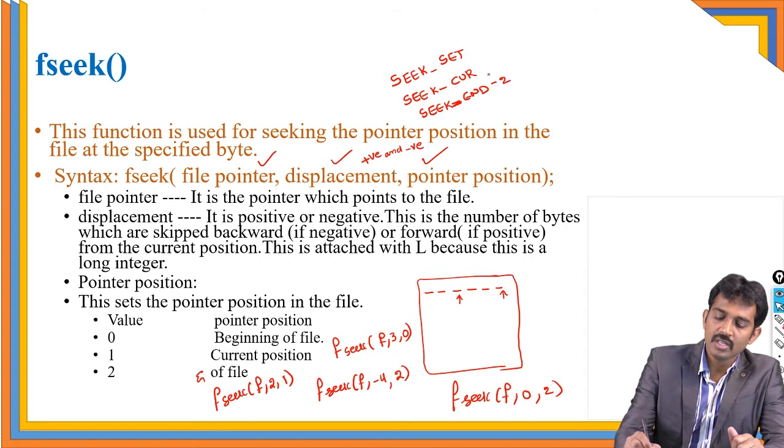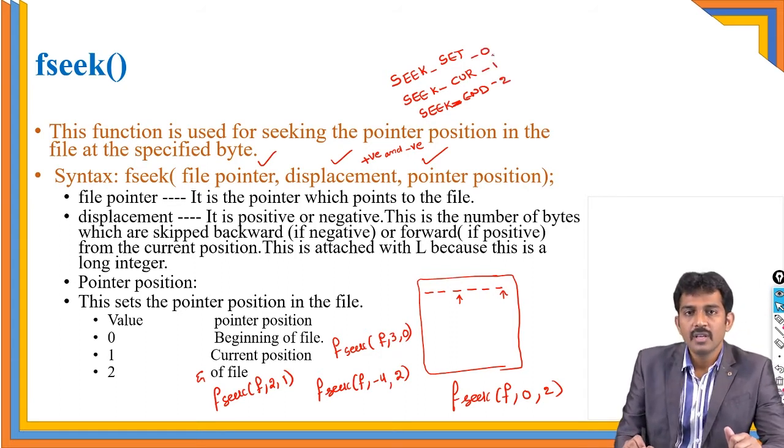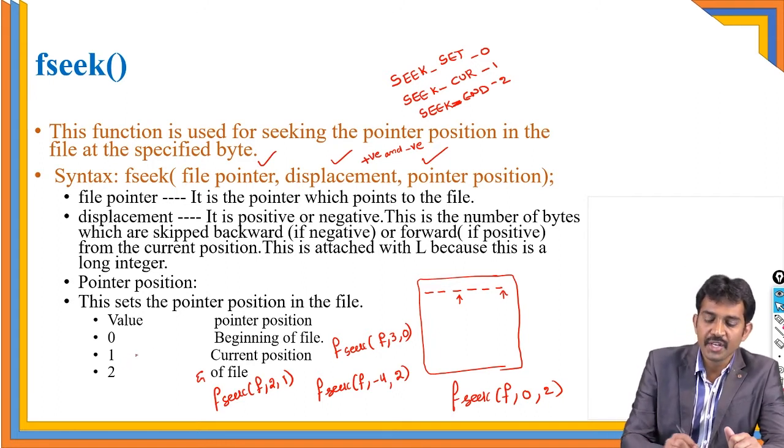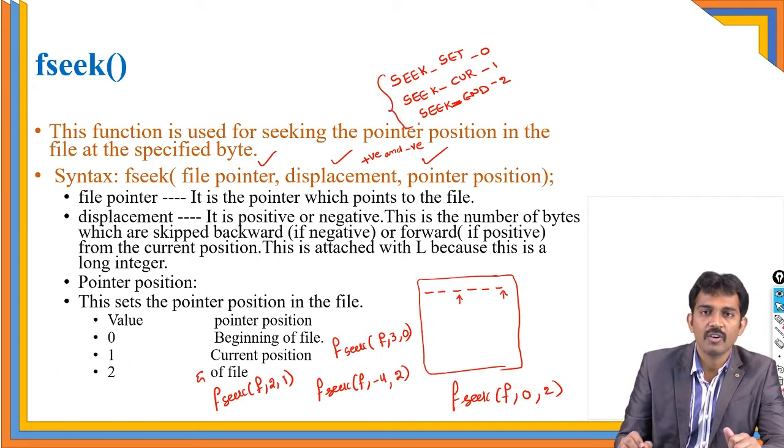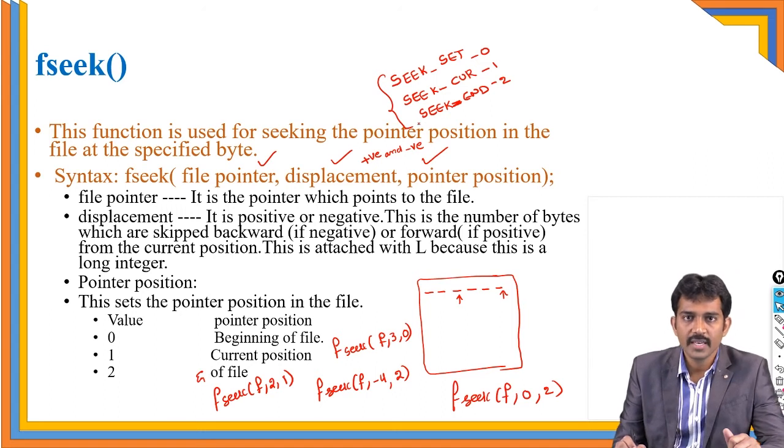This value is 2, this value is 1, this value is 0. Instead of these values, you can use these global constants also. We'll see how it works in the editor.